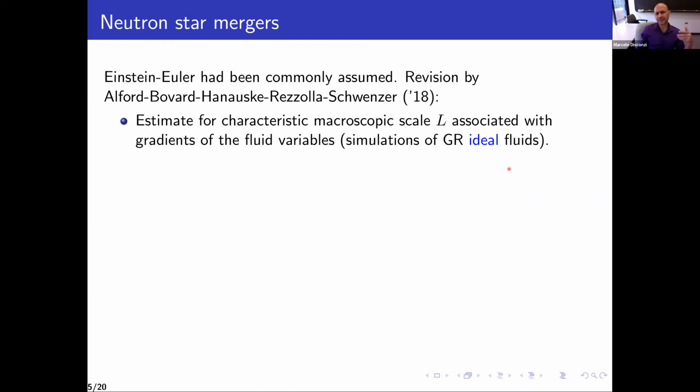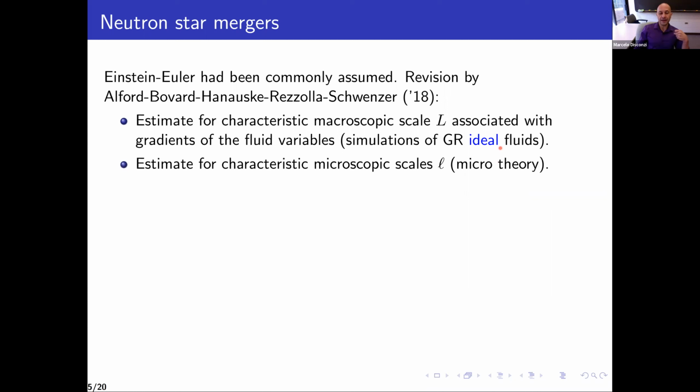First, they get an estimate for the characteristic macroscopic scale of the system, which is associated with gradients of the fluid variables. And they do that by running some state-of-the-art numerical simulations of general relativistic ideal fluids. And then they also get an estimate for the characteristic microscopic scale, and for that they rely on microscopic theory.